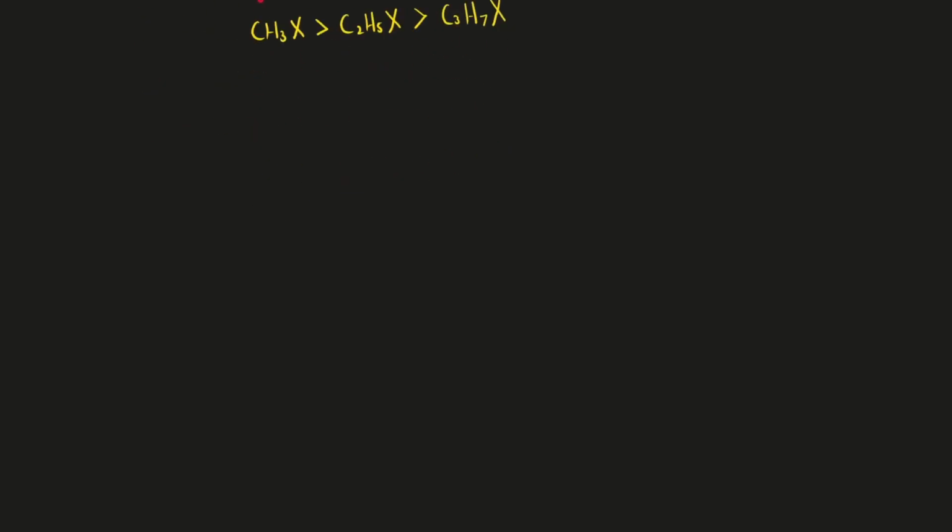Let's move to the next topic: the structure and reactivity of Grignard reagent. Grignard reagents are much more reactive than most organic compounds due to the nature of the carbon-magnesium bond, which is highly polar.